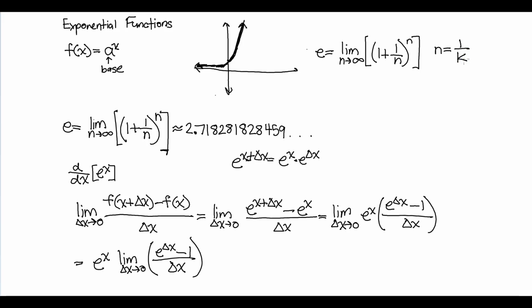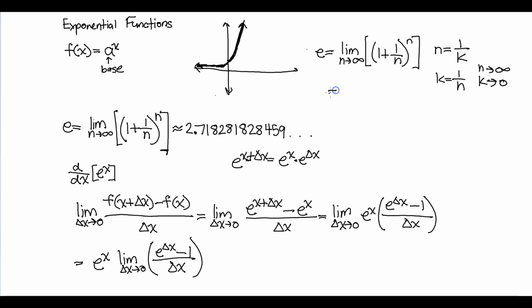As n approaches infinity, if we solve for k equals 1 over n, you see that k approaches 0.